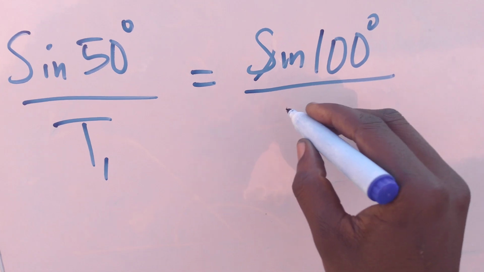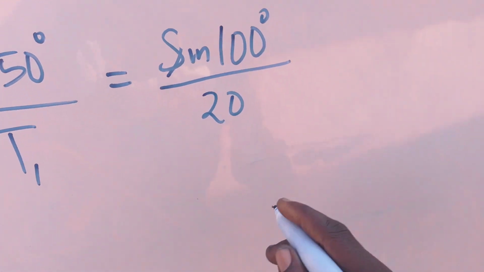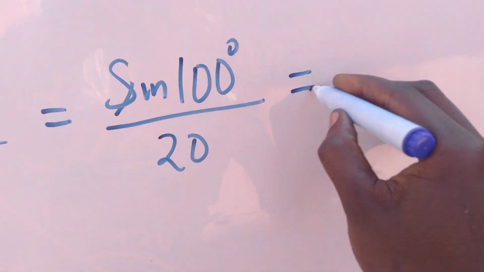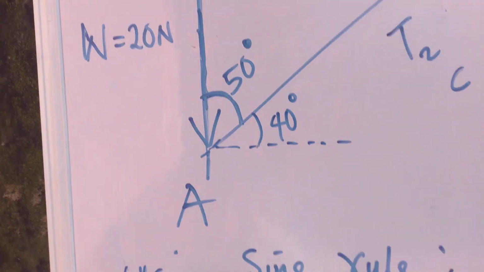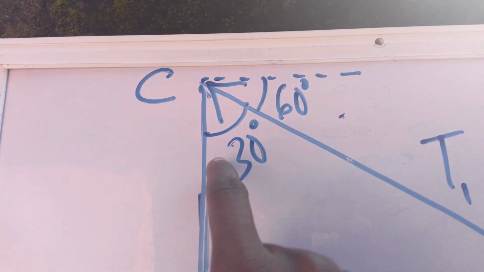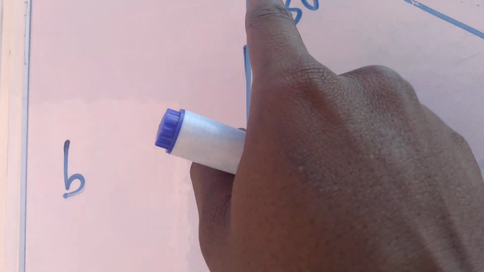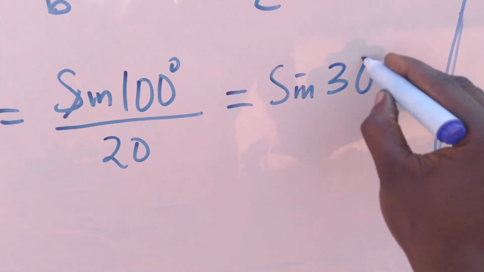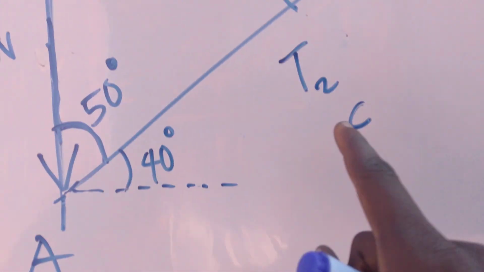Then it equals sine C. The angle at C is this 30 degrees, not the outside one. That's sine 30 over small c, which is tension T2.